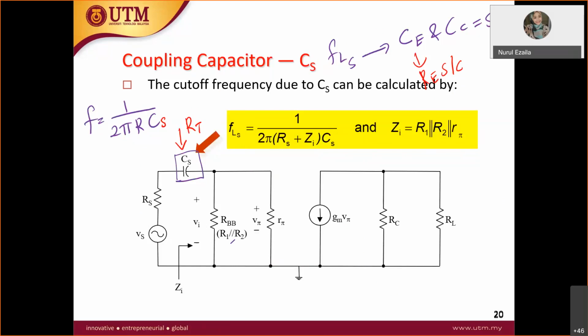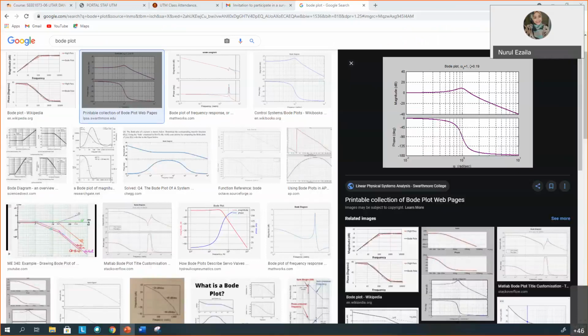What is the total resistor you see from this node? I need to draw the circuit a bit smaller so that I have space.